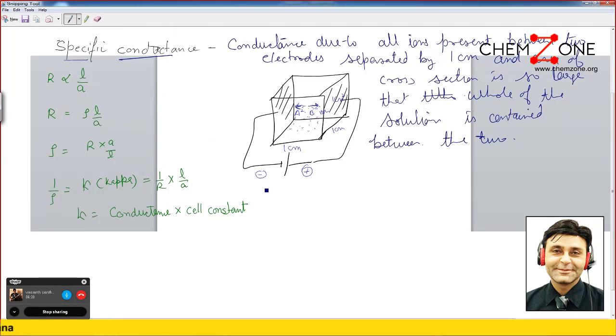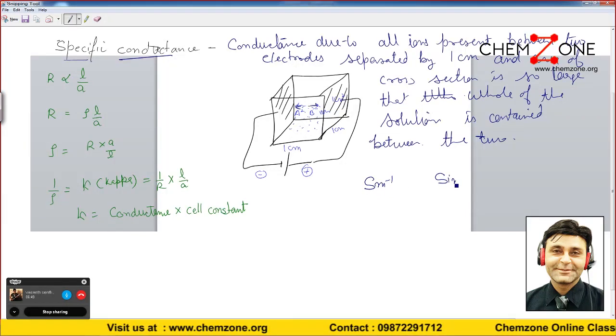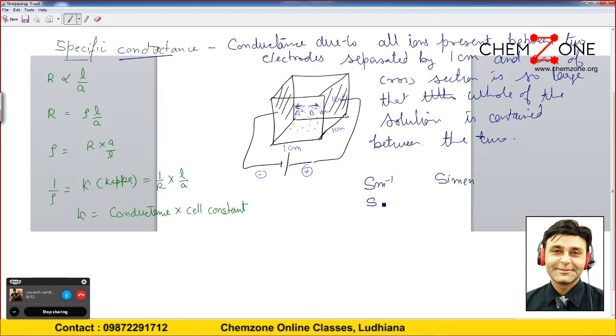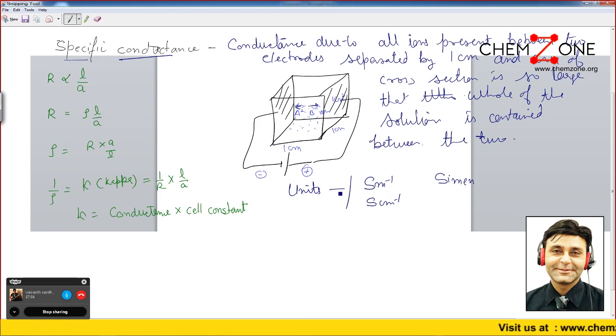Now I'll talk about the units of conductance. The unit is Siemen meter inverse. S stands for Siemen. Or Siemen centimeter inverse.